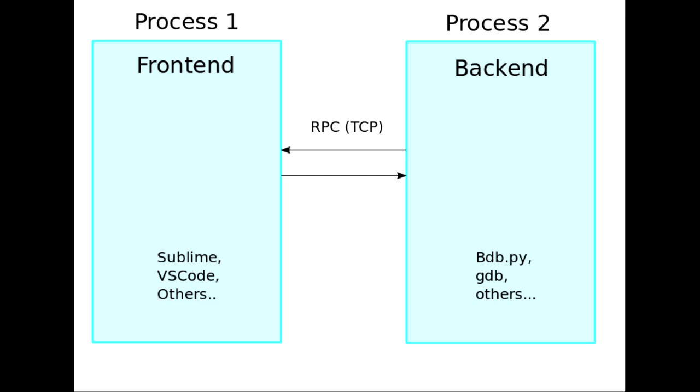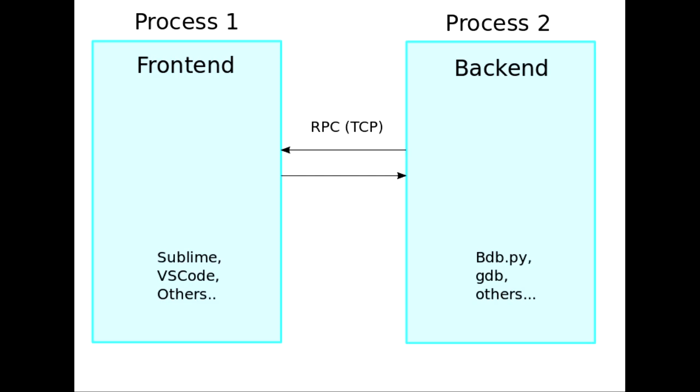Then we will find a new problem. The problem is that each of these processes have to take care of two different tasks each. They have to communicate with each other and also perform the task that they are supposed to do. In the case of the front-end, receive commands from the user and display information to the user.